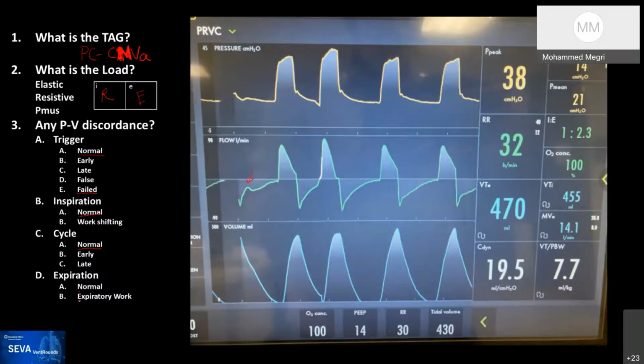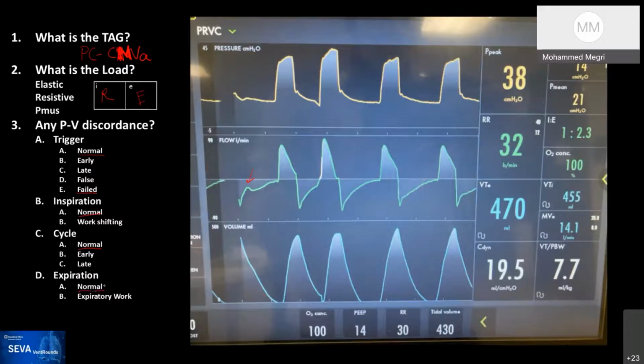But even with the shorter breath, there's no sign the patient needs more time. Even for the machine-triggered breaths, the patient didn't show any changes to see if they start breathing. The flow doesn't go back to zero; it was cut, maybe set at 75% or something like that. In expiration, I'll say it's normal, there's no expiratory work as well.